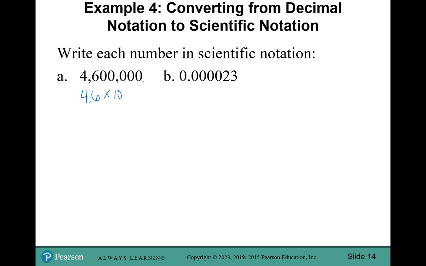How many places did I have to move the initial decimal, which is technically here, to get it to be between the 4 and the 6? I had to move it 1, 2, 3, 4, 5, 6 places. So I should have it in scientific notation looking like 4.6 times 10 raised to the 6th.